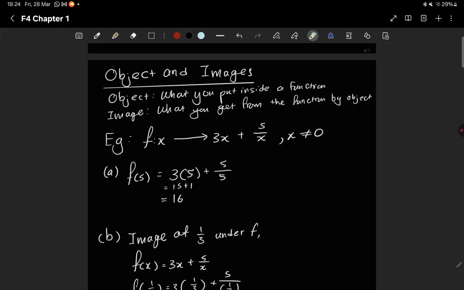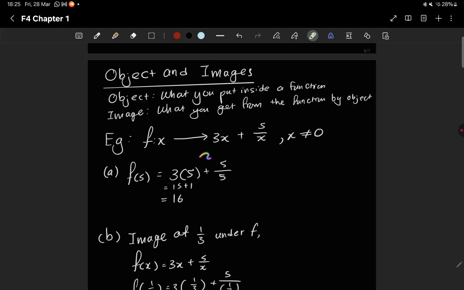Okay, so it's something that you get from the objects that you put inside. So let's have a look at this question over here. We are given the function notation of f(x) equal to 3x plus 5 over x, where the condition is x cannot equal to 0. And let's say we were asked a question, what is f(5)?